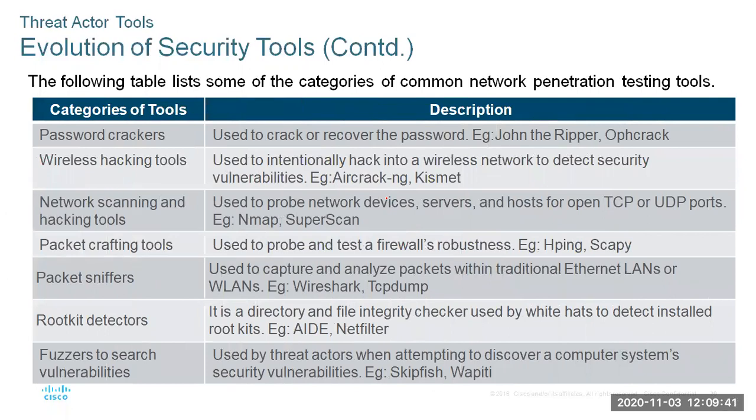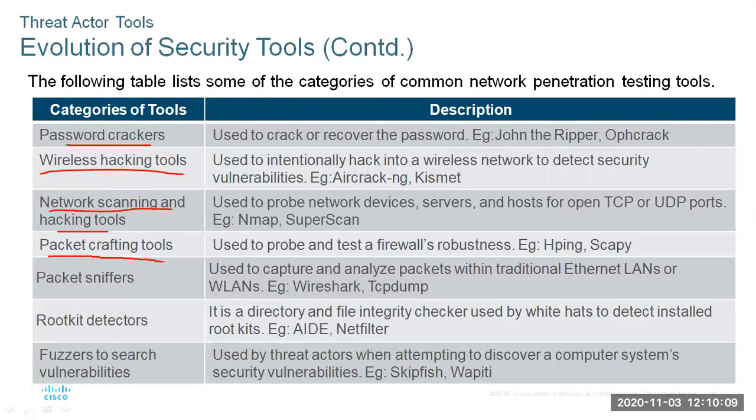Some of the categories of common network penetration testing tools include password crackers, and wireless hacking tools, which are used to hack into wireless networks. Network scanning and hacking tools are used to probe network devices, servers, and hosts, and find open UDP or TCP ports.